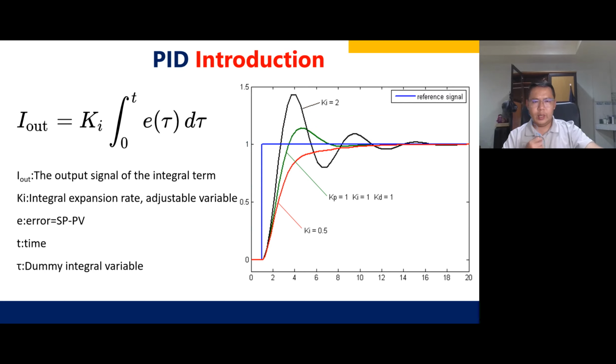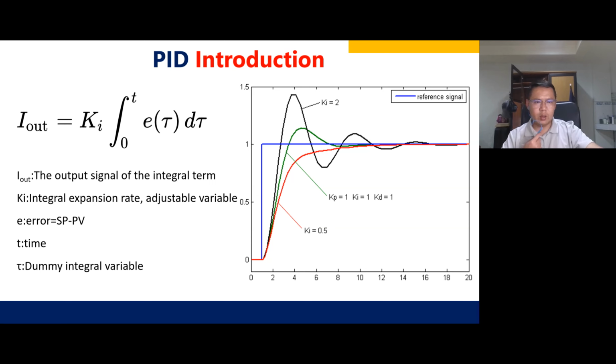Next is the explanation of integral. The result of the integral term, sometimes called reset, is proportional to the size of the error and the duration of the error. It is the sum of errors over all time. The error integral gives the cumulative offset, the cumulative error times the integral gain.